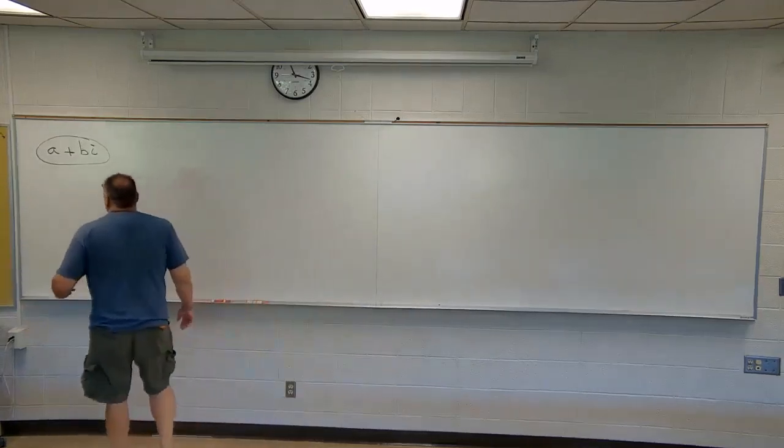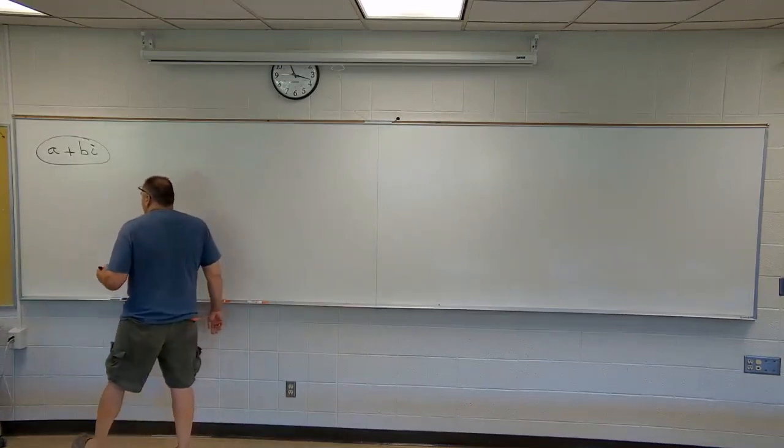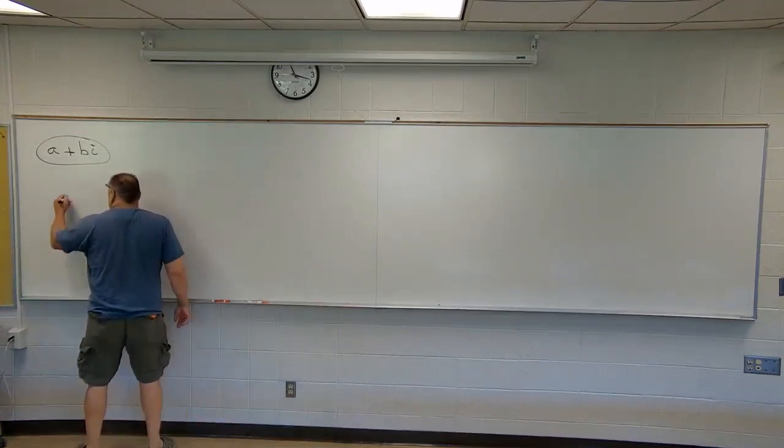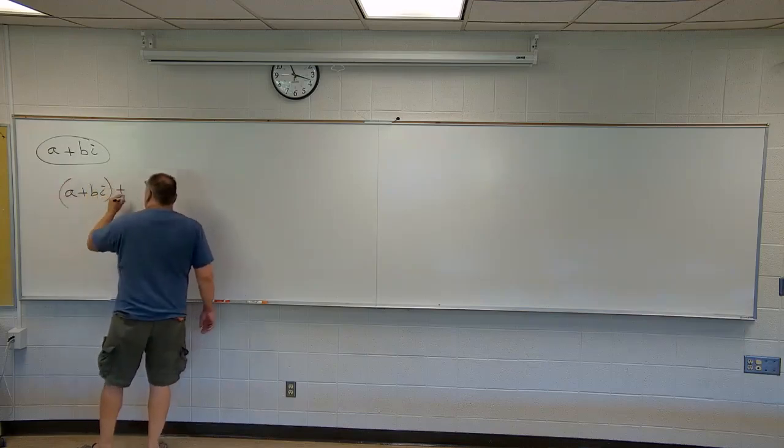That's one thing to look at. How do you actually do some of this stuff that we're going to be doing? Well, if you had A plus BI, and you were going to add, let's say, A plus BI plus C plus DI, how do you add these?